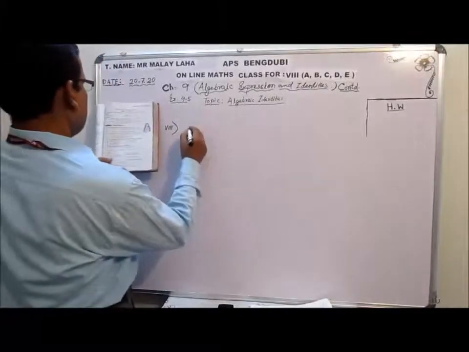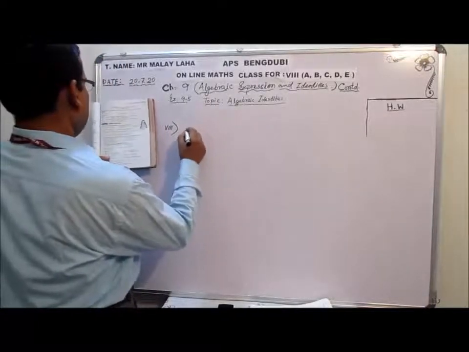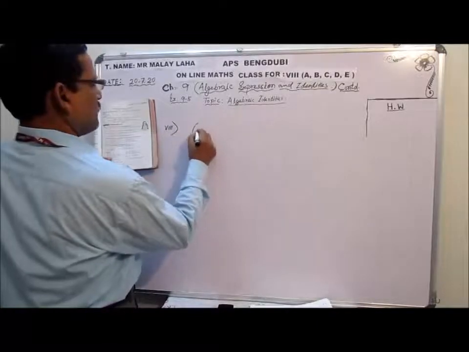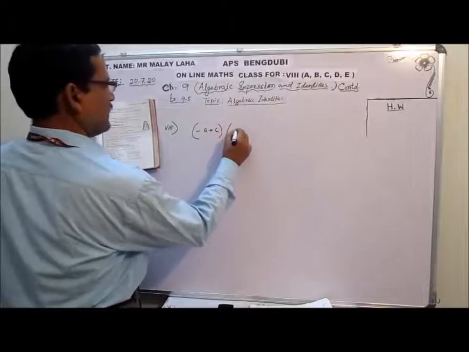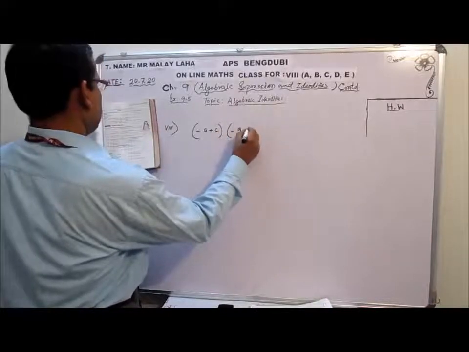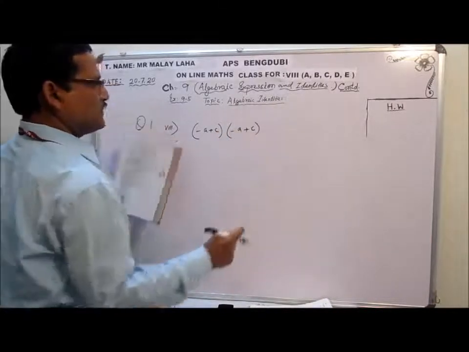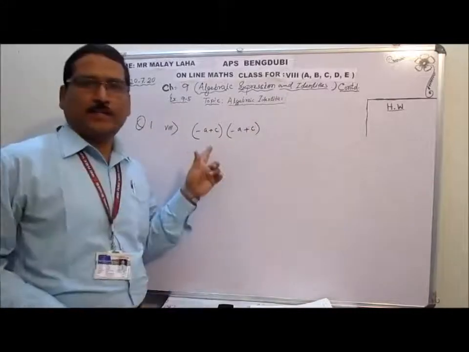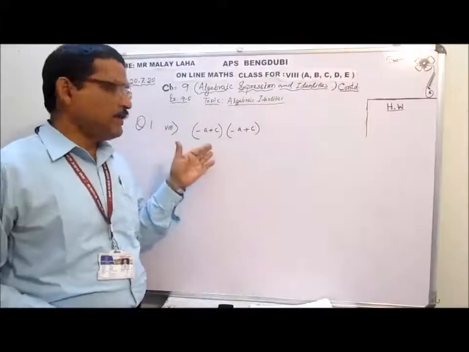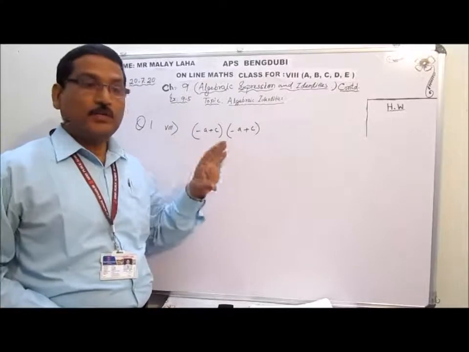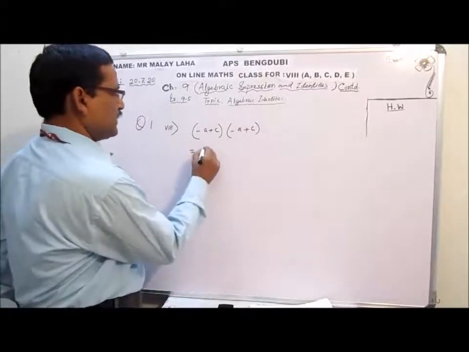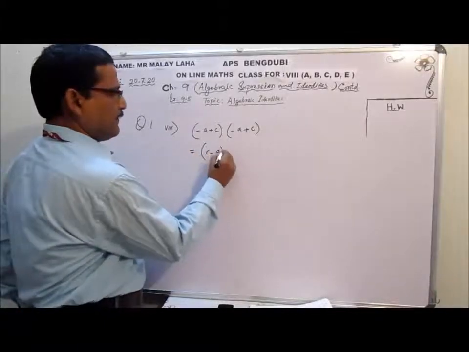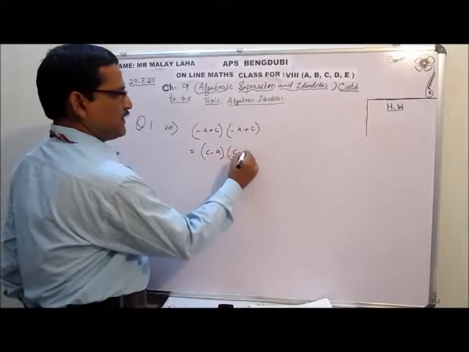Now question number 8 is (minus a plus c) into (minus a plus c). This type of identity I have not told you. So when you get this type of question, you will just rearrange. I can write this as (c minus a) into (c minus a).